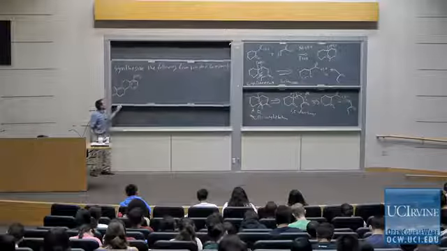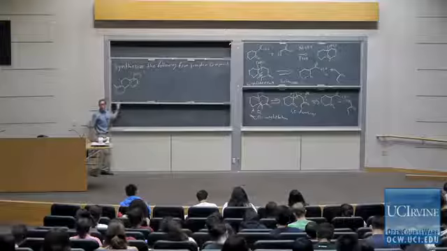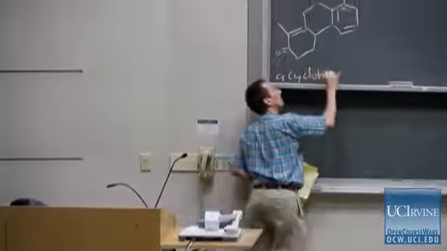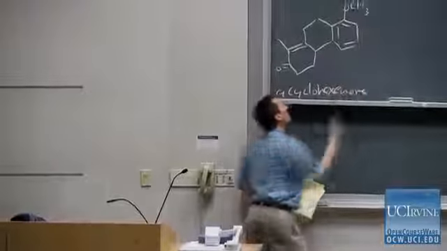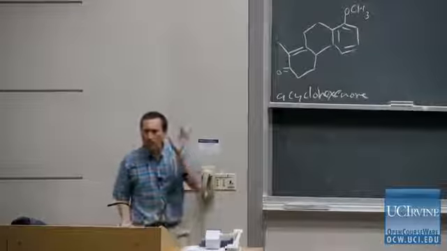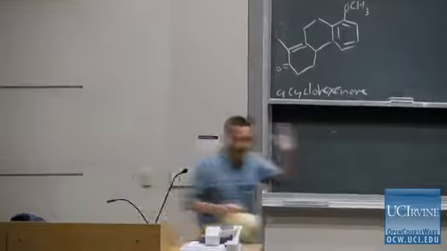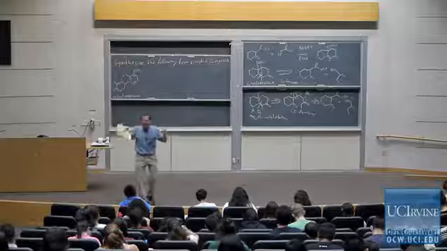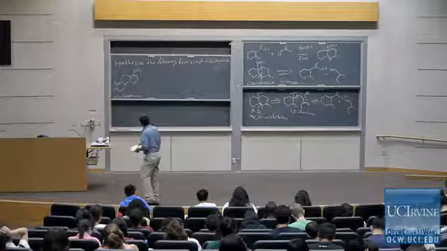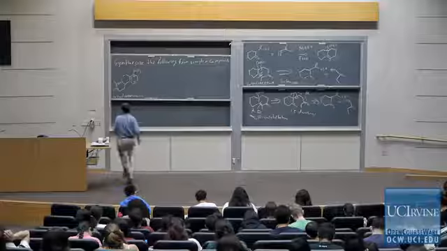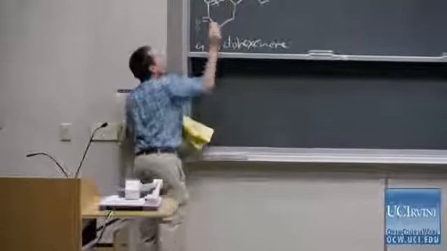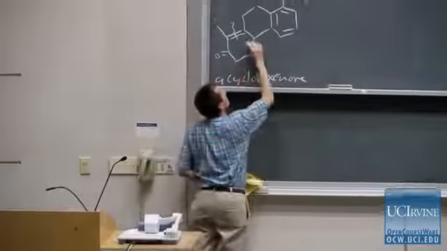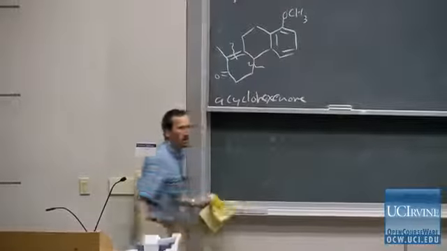I said, okay, I look at this molecule and I see a cyclohexenone. And I'm going to think backwards. And I know immediately, cyclohexenone says to me, Robinson annulation, Robinson annulation. And so I look at this and I say, okay, in the Robinson annulation, we form the alpha-beta unsaturated bond, and we form this bond over here.